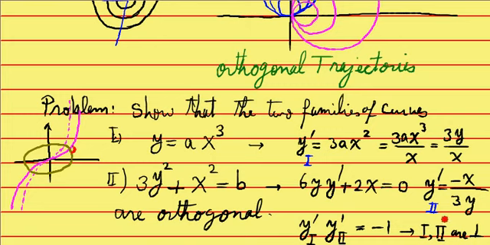The way we proved it was finding the slope of the first one, these pink ones, and the slope at some point on these ellipses. At some point of intersection where x and y are the same, we see the slopes are negative reciprocals, therefore the two curves had to be perpendicular to each other at the point of intersection.